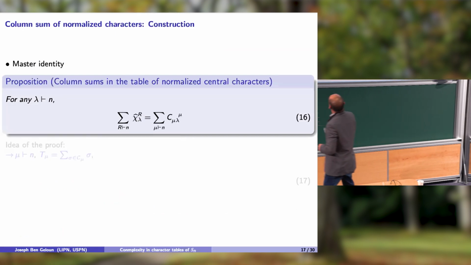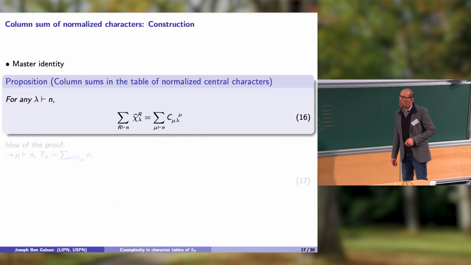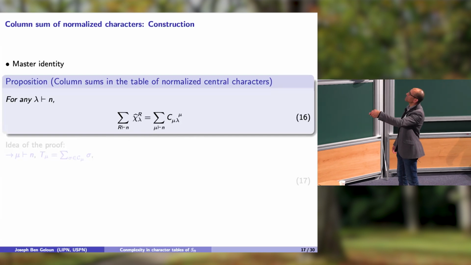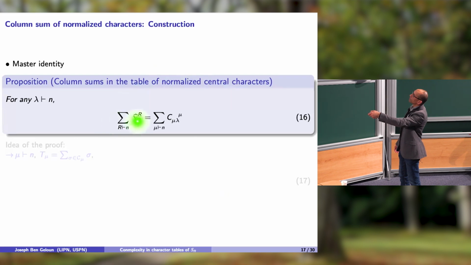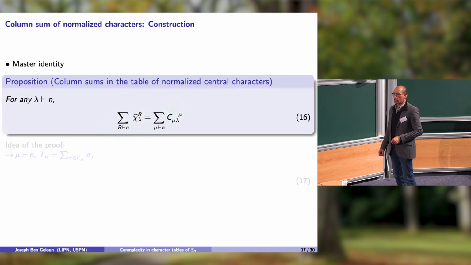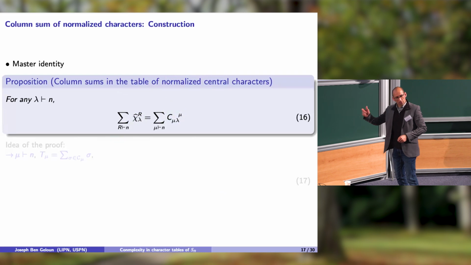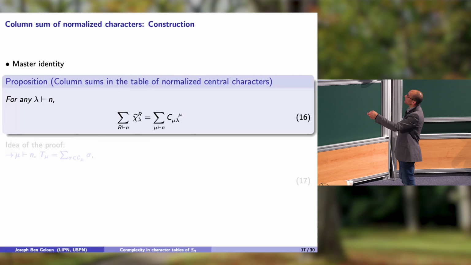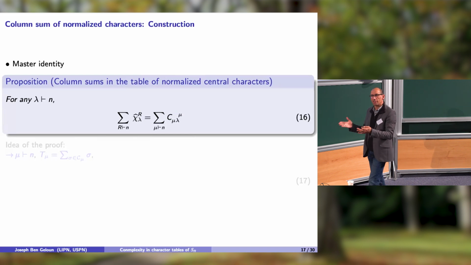Okay, so let's go back and set up how you do this. This is what I want to call our master identity. The column sum that we look for is nothing but the sum over the structure constants of the center of your algebra. So you have to sum them here. Of course, when you think about it, characters are central elements, so they should be talking to the center in some way.